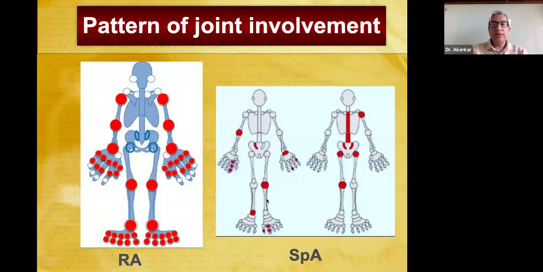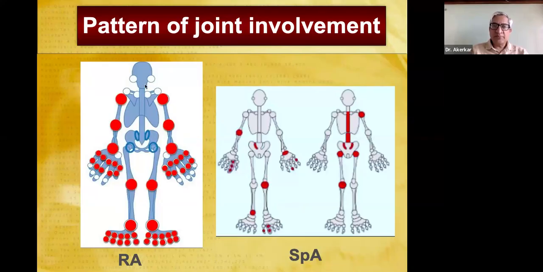So even when you see a patient who does not have axial involvement, just peripheral joint involvement, this is how you differentiate it from rheumatoid arthritis. In addition, obviously, the patient may have involvement of the axial skeleton also. So if a patient comes to you with polyarthritis, if this is the pattern, bilaterally symmetrical, small as well as large joints, no backache, then it is very likely to be rheumatoid or CTD.